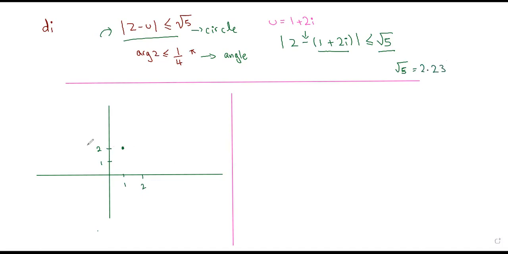So if this is 2.23, it would be somewhere here. Okay, so this means that the circle is going to be, I will make it with the pen, not using the circle.